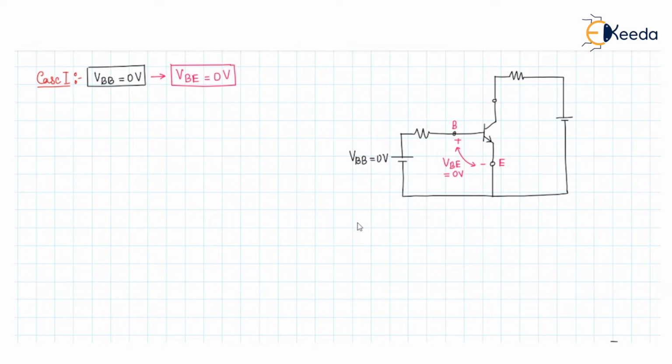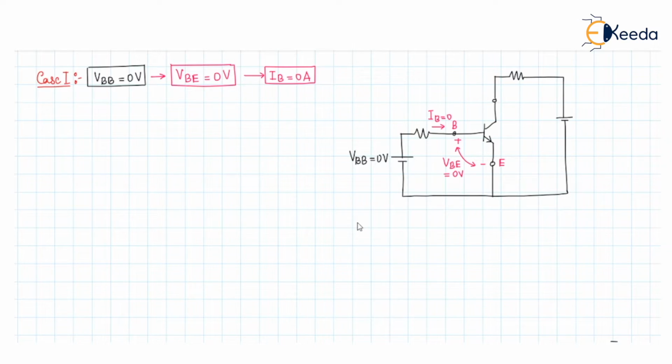And since the VBE voltage is 0, we can say that the current at the base terminal will also be 0. That's why the IB will also be 0. So due to the application of 0 voltage at the VBB, we have got 0 base current.